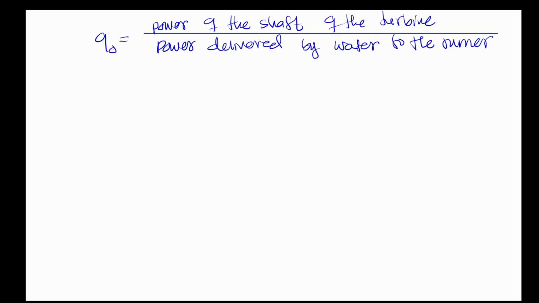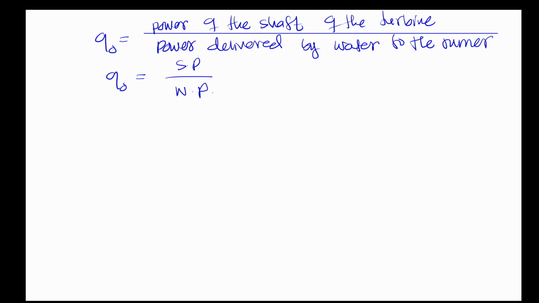So for that, let's start with the overall efficiency. We will start from the known value: we know the formula for overall efficiency, and they have given the overall efficiency as well, which is the power of the shaft divided by the work power that is delivered by the water to the runner.